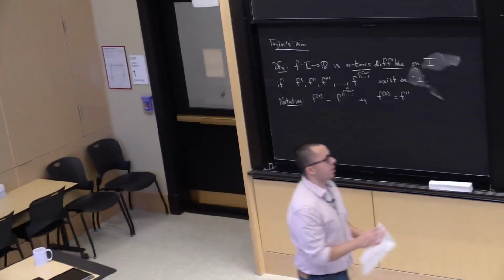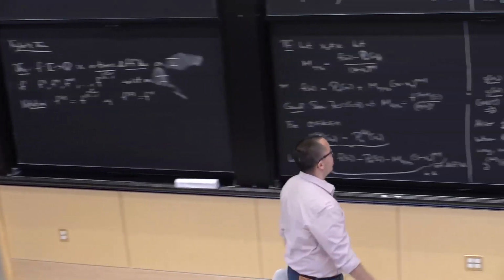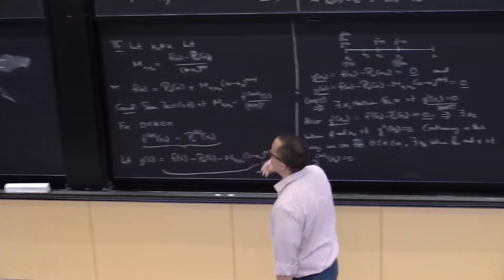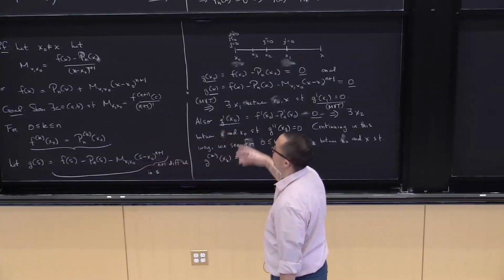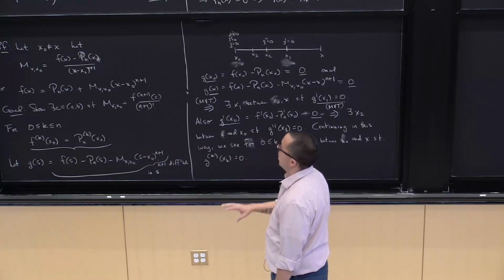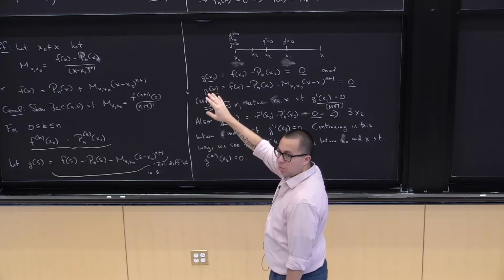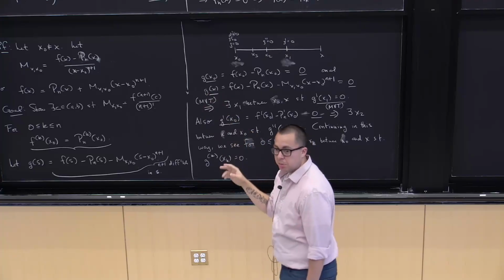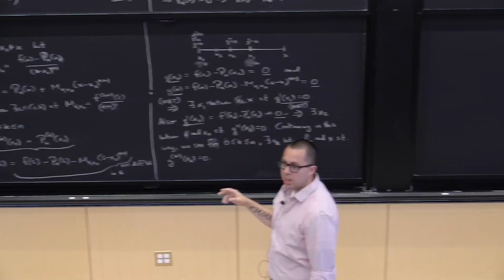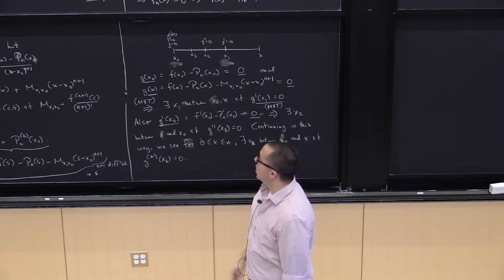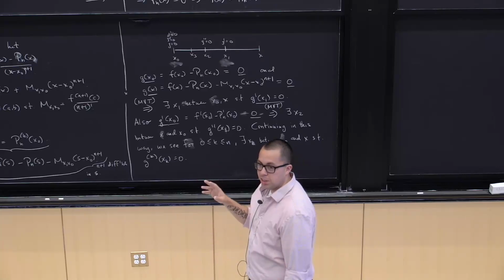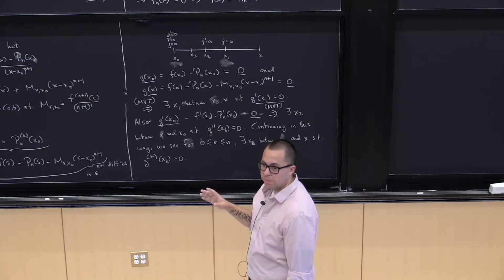Okay, so what Taylor's theorem does say is that you can iterate the mean value theorem for higher order derivatives. But what it doesn't say is that this polynomial that you get over here, which you interpret kind of as an approximation of the function f near x0, is necessarily a good approximation, right?